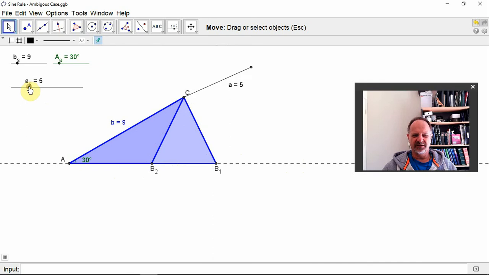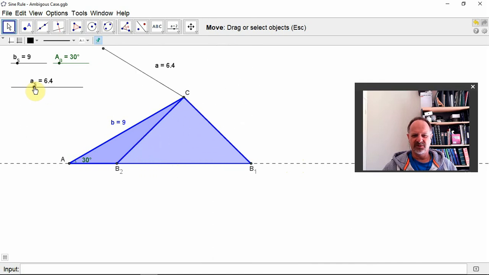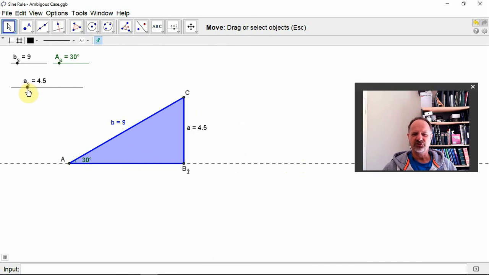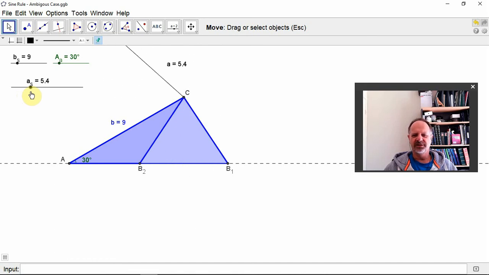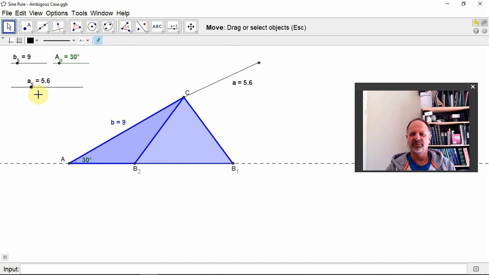So you can see that that's the case. So sometimes it touches in two places. Now if it's too short, of course, you don't get a triangle. So there's a limit to how much shorter it can be, but as you can see, there are two possibilities, and that's what we refer to as the ambiguity or the uncertainty as to what the geometry of that triangle might be.